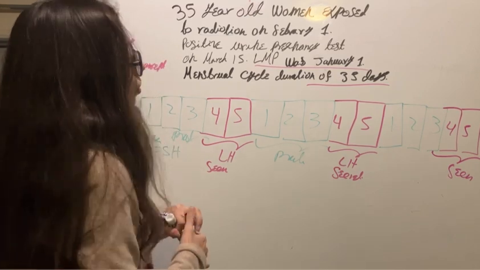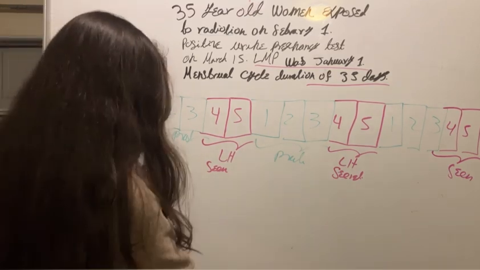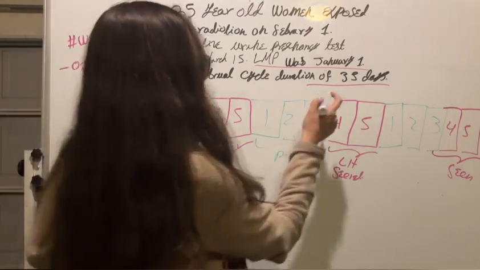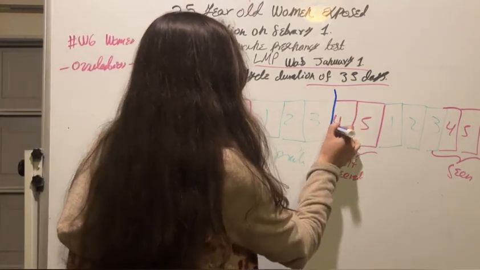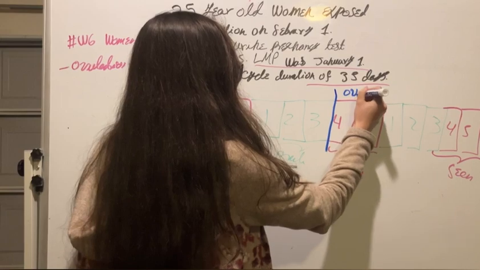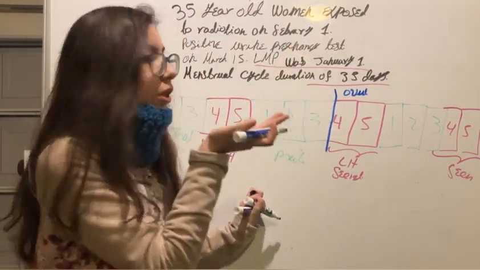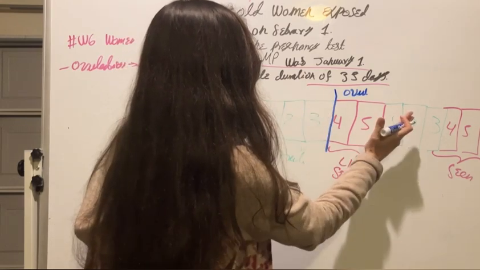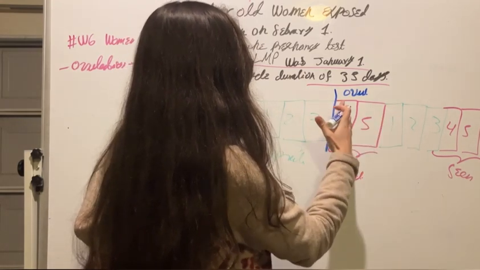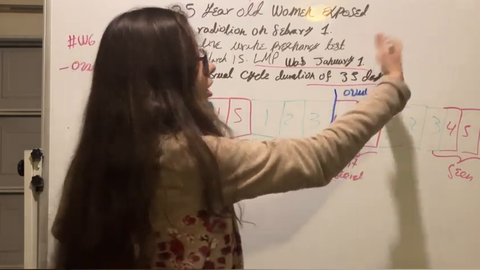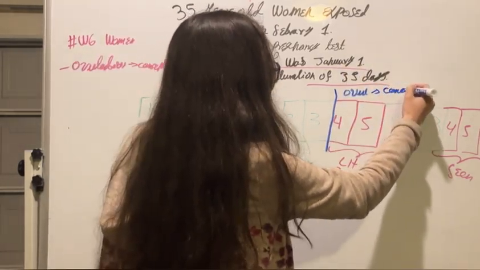And let's suppose ovulation occurred on this date here. Here was the ovulation, when we have an increased amount of estrogens between the proliferative phase and the secretory phase. And if it was the case, after ovulation there was the conception.